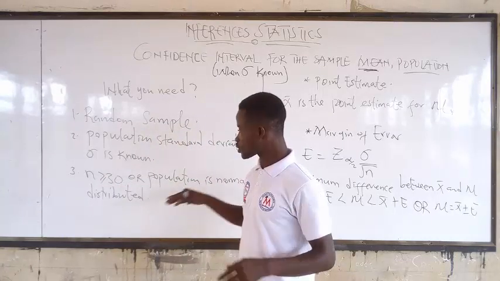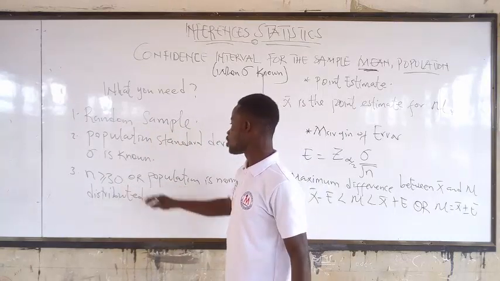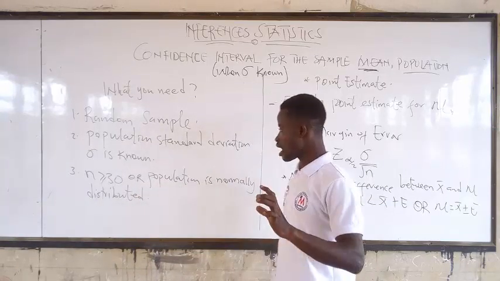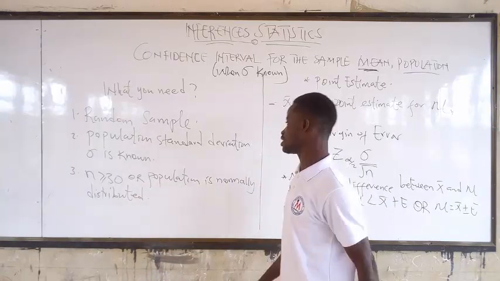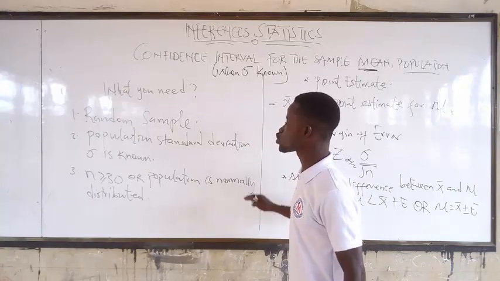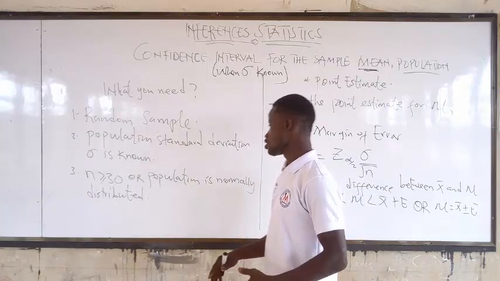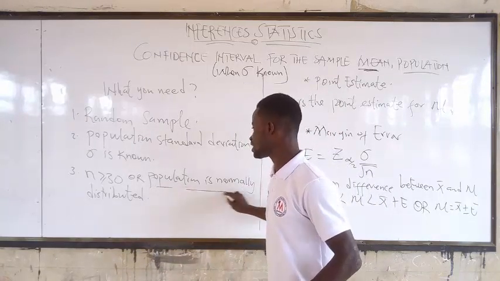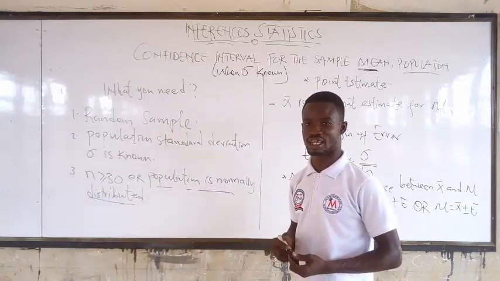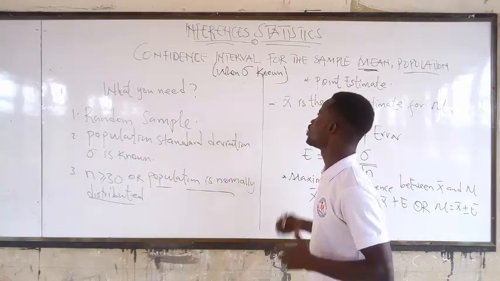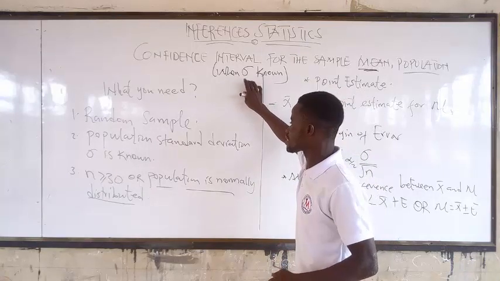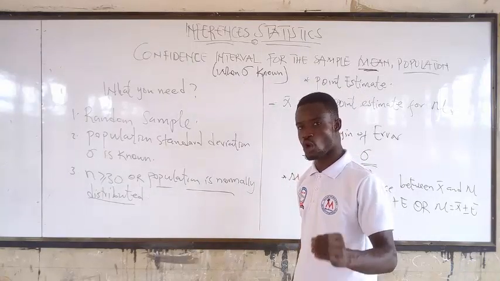Or sometimes you will not see that; you can also hear that the population is normally distributed. If it's normally distributed, know that your standard deviation is known.